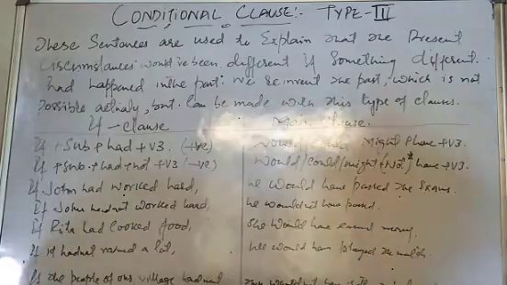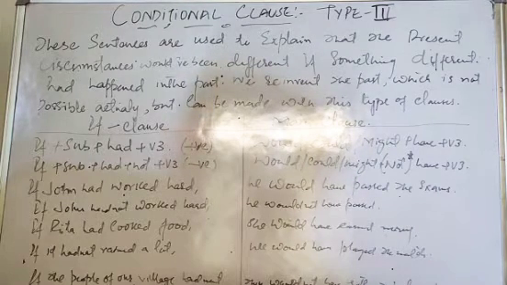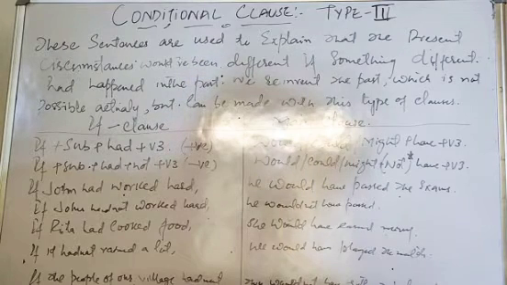So type third is basically used when we talk about situations which haven't been up to the mark, which haven't been according to our demands, and we would have wished the result to be different, but in reality we can't go back to the past times.